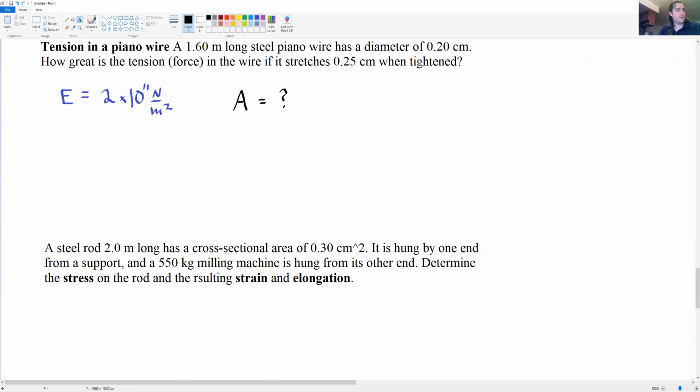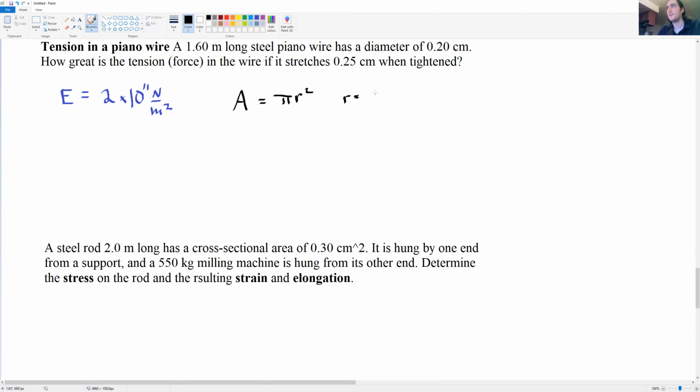All right, who is done with this first example? Give me a thumbs up if you're done. Oh wow, okay, taking a little longer than I expected. Let me write a little bit here. I'm probably writing stuff you already know. The cross-sectional area is pi r squared, right?